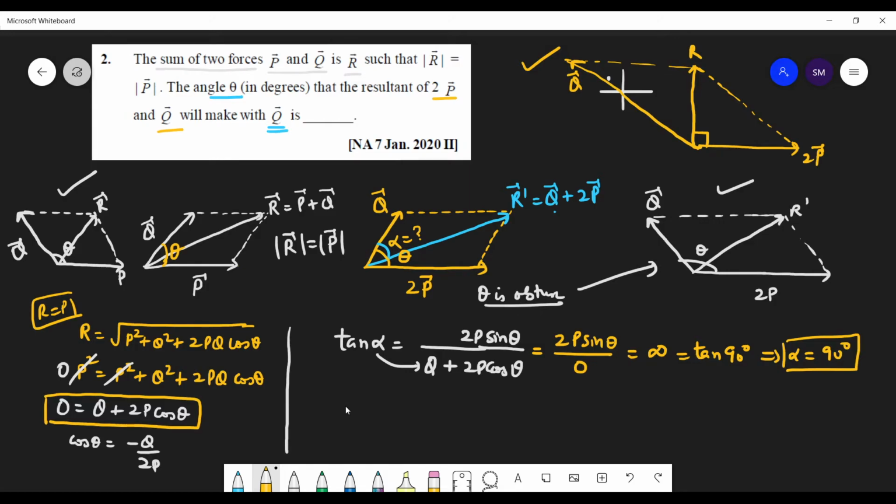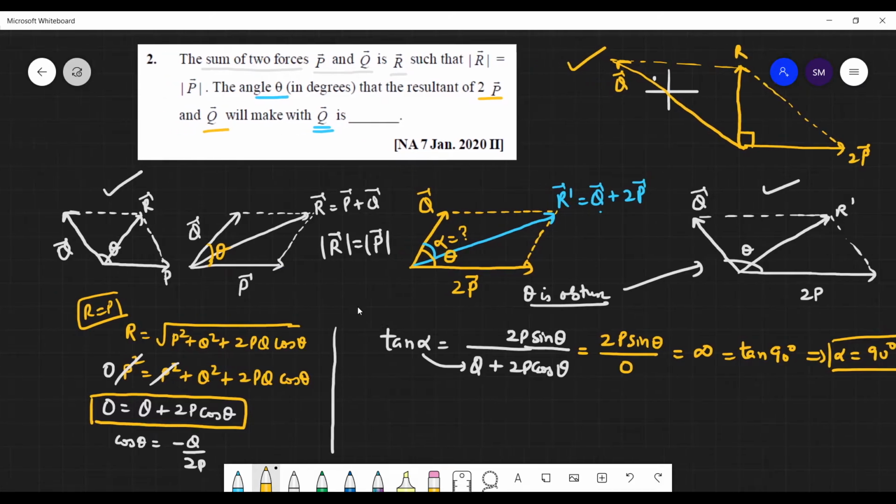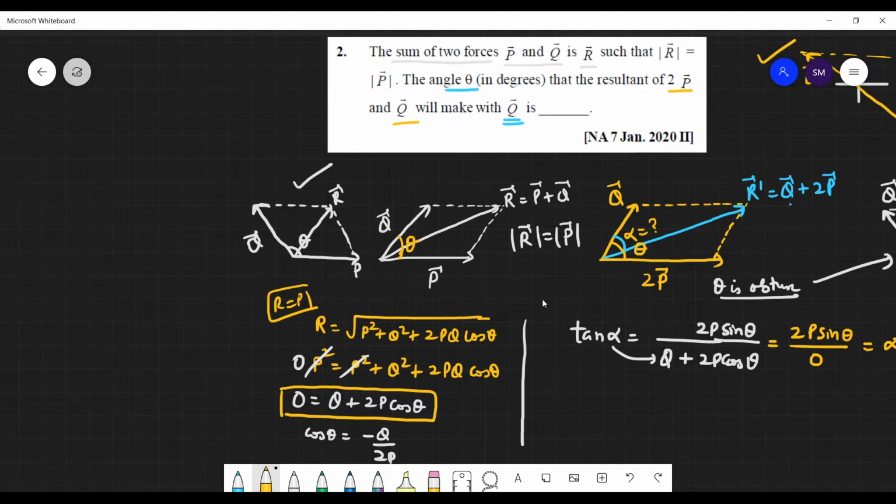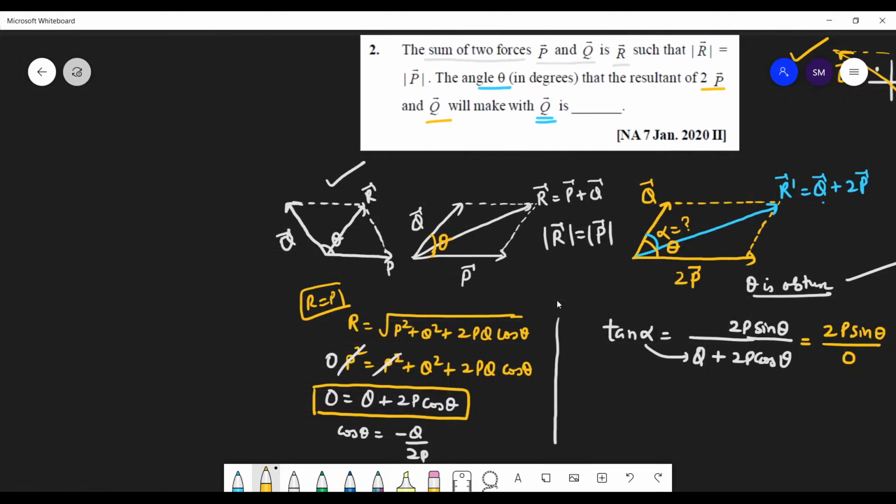I hope, students, this question is clear. But look at another aspect of this question. Look how simple this question is.